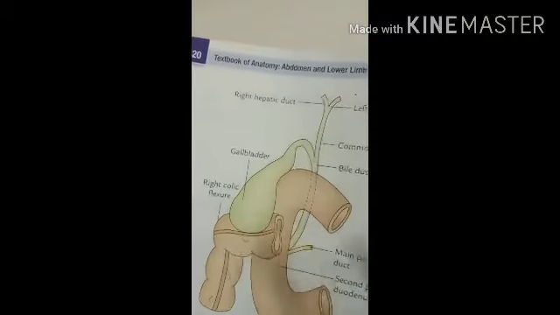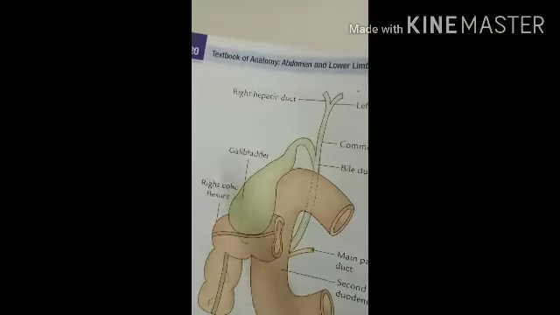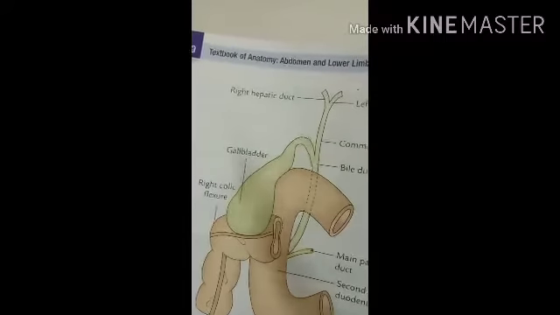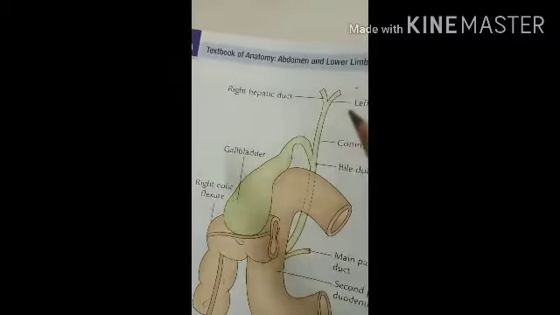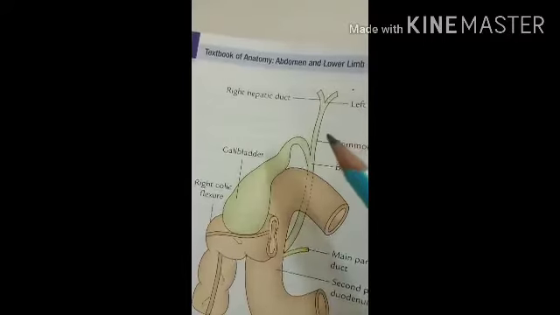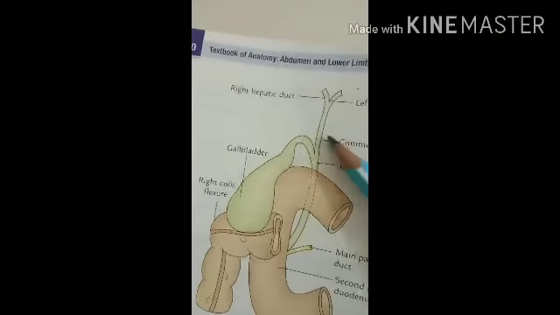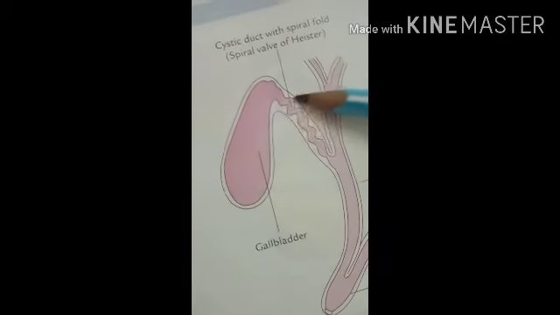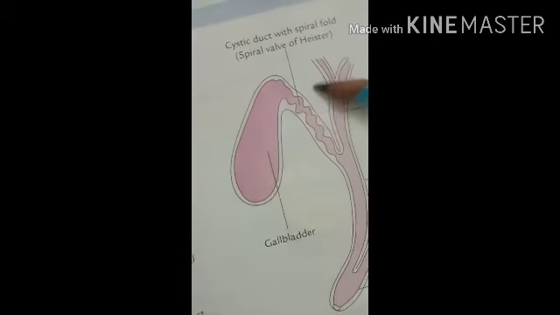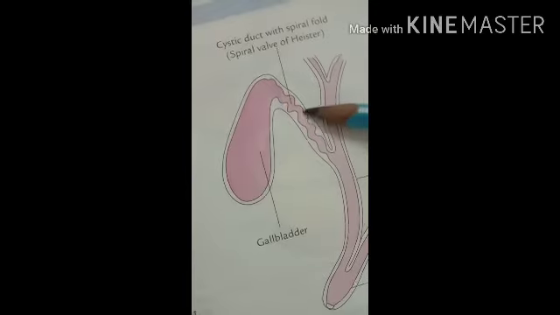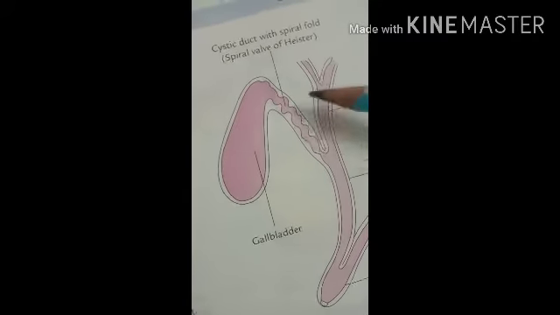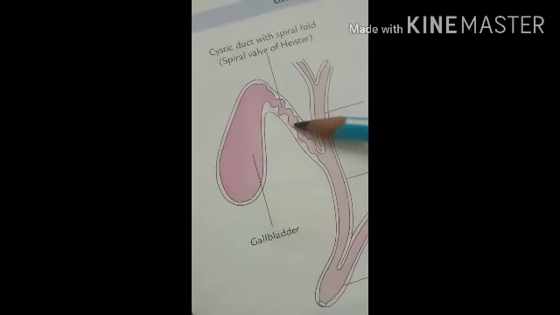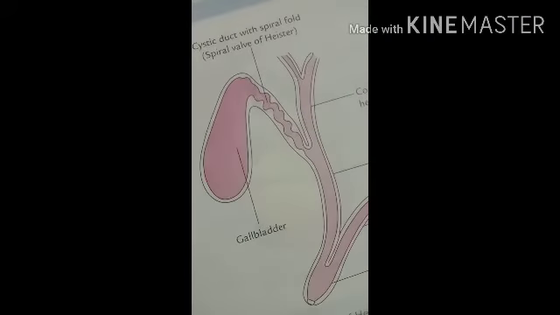The mucous membrane forms 5 to 12 concentric folds arranged spirally, called the spiral valves of Heister. Here you can see these 5 to 12 crescentic folds, called the spiral valve of Heister.